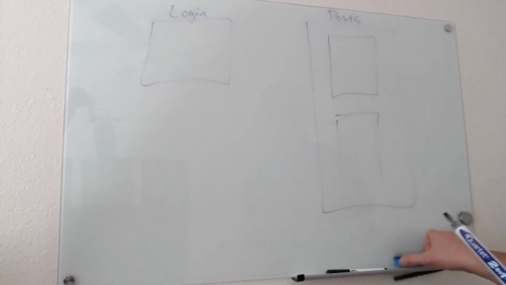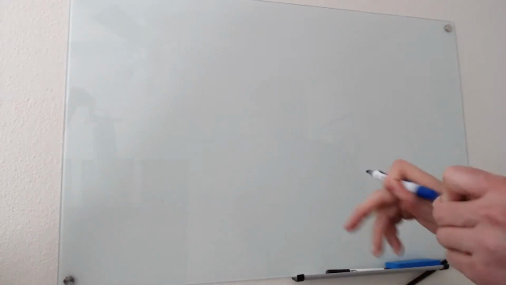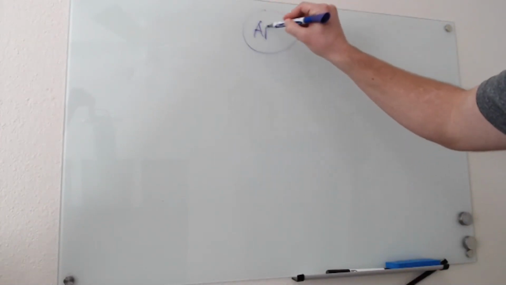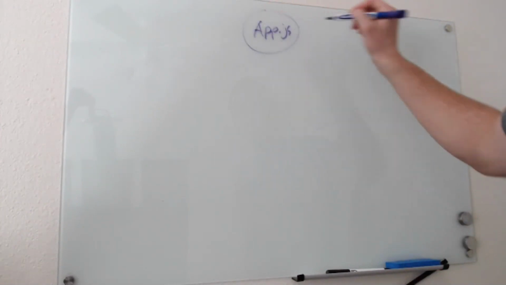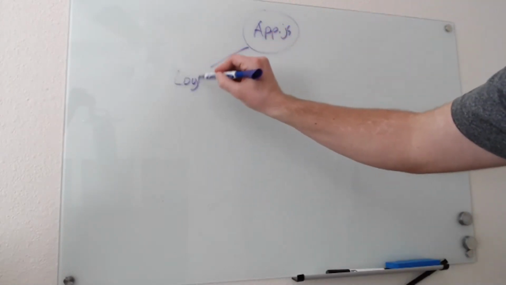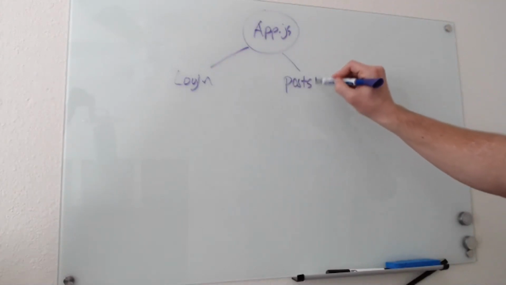If I were doing full stack, this is what I would do. But let's change this up a little bit for just front end. Let's draw this in the same bubble format that we just had. So we've got app.js, and we've got login, and we've got posts page.